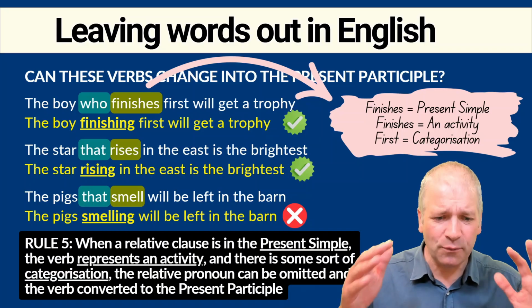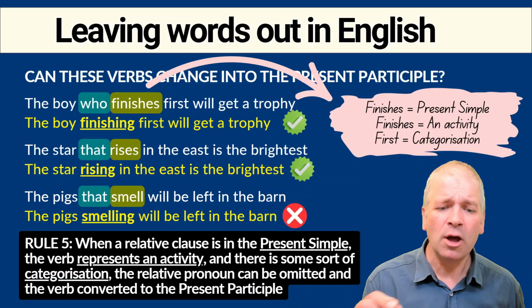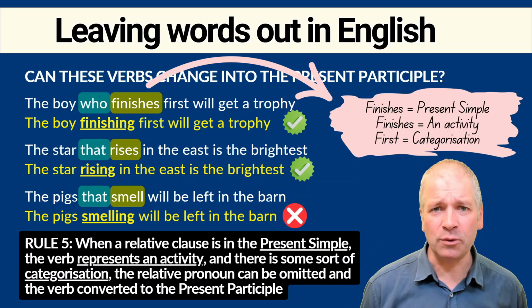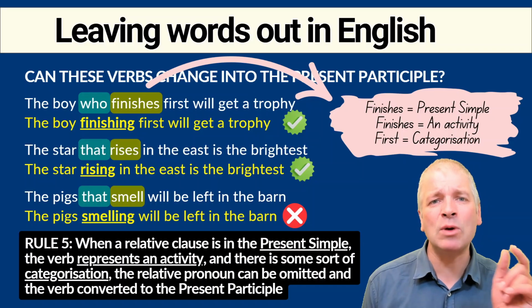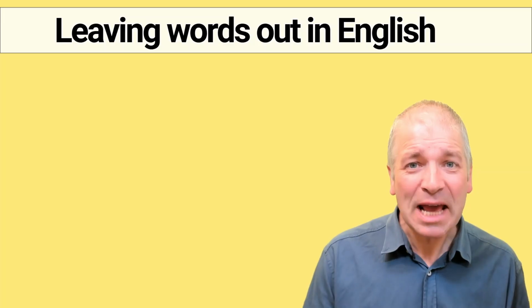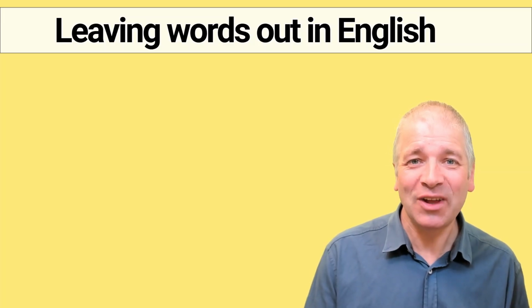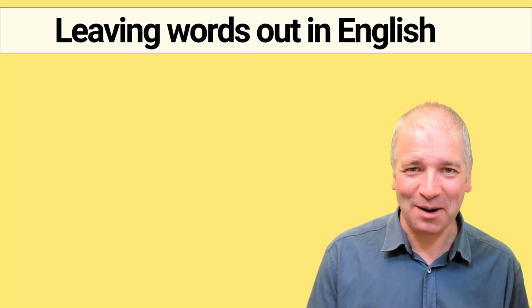It's just focusing on the verb itself. And in this kind of sentence, we cannot reduce in the same way. We have to keep to the original form, we keep the relative pronoun in, and we don't convert to the present participle. The next rules for leaving words out are a little bit more straightforward, but they're still considered advanced.